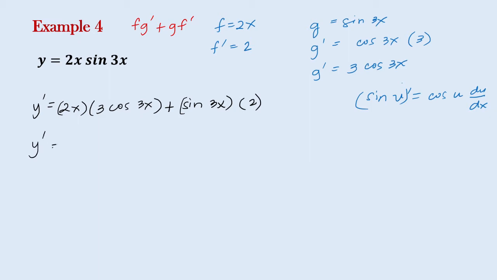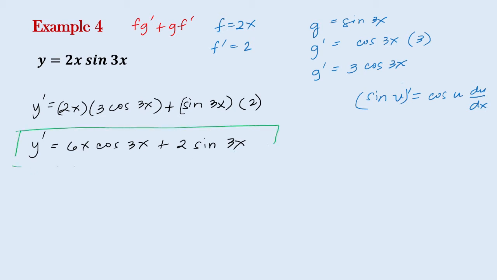To simplify, we can multiply 2x by 3. So I have 6x cosine 3x plus 2 sine 3x. So this is now the derivative of 2x sine 3x.